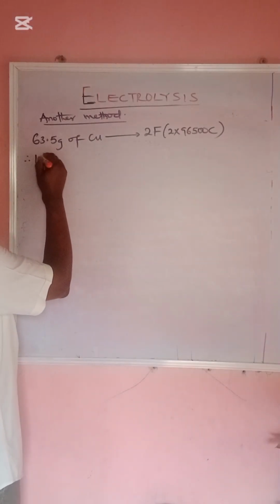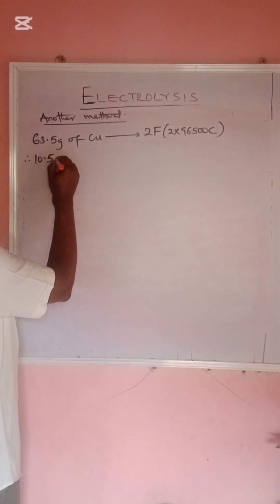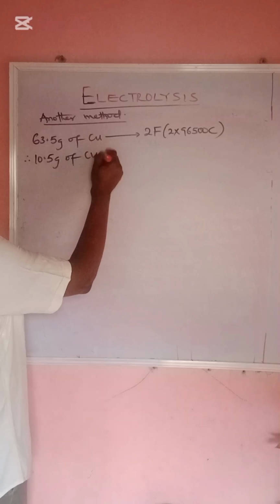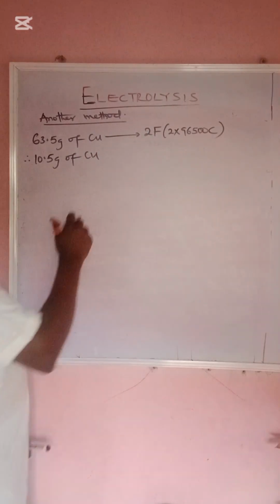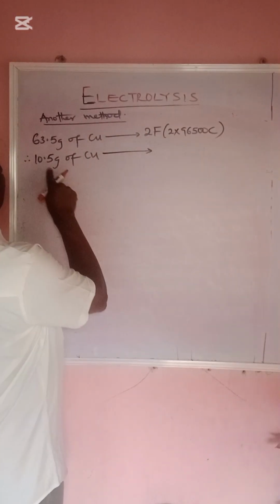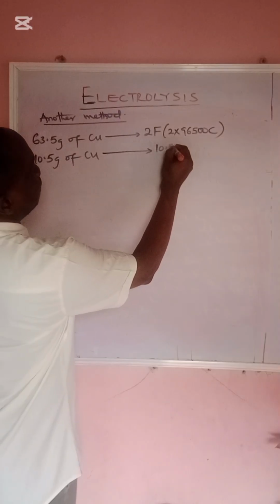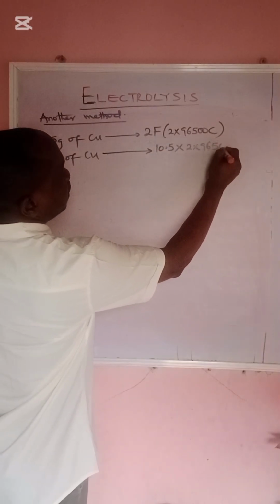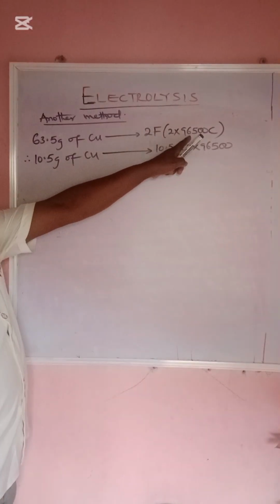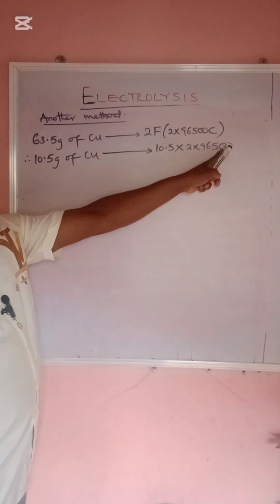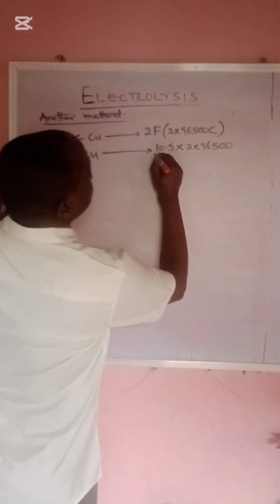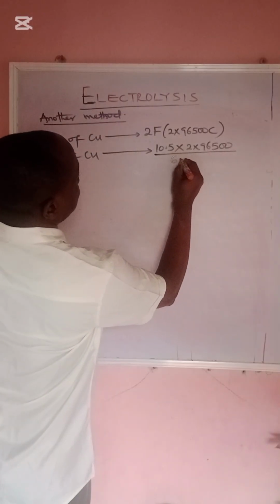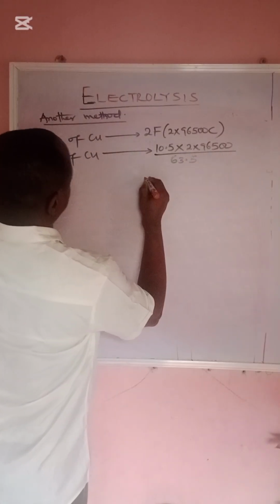Therefore, they mention 10.5 gram of copper. We want to get the quantity of electricity, so we require 10.5 times 2 times 96500, since 1 Faraday is equal to 96500, so 2 Faraday will be 2 times that, divided by 63.5.